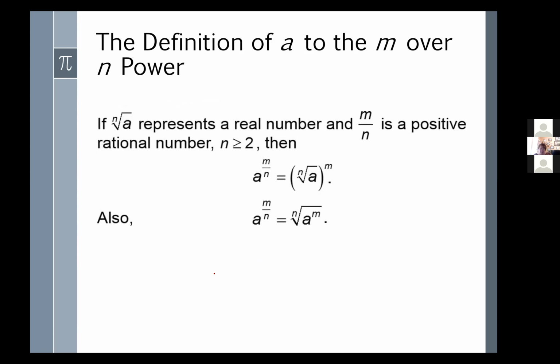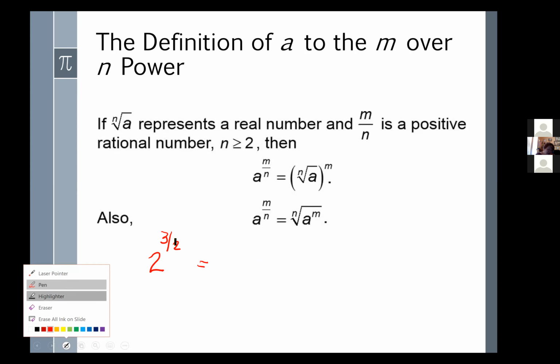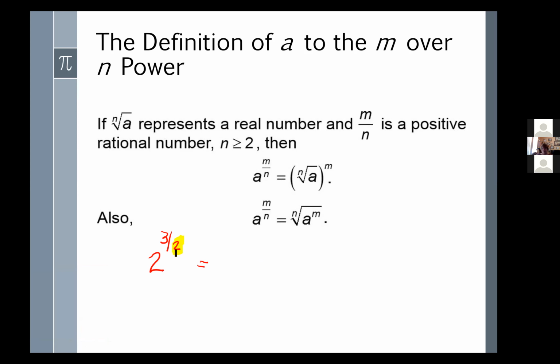For example, by definition, 2 being raised to the 3/2 power, the 2 in the denominator is our root. So since 2 is in the denominator of the fraction, we're taking the square root.